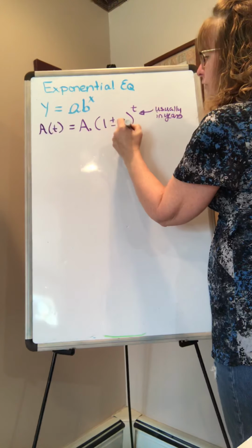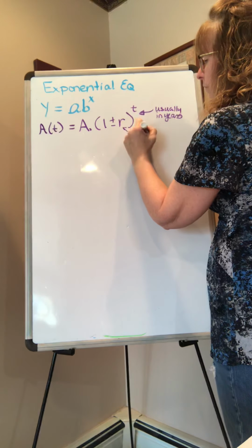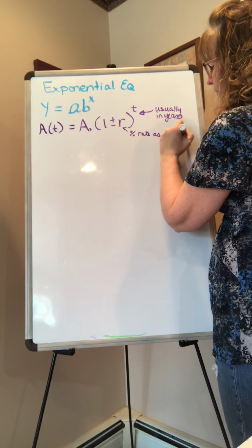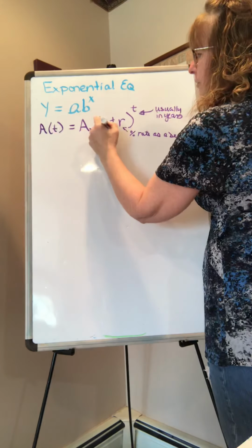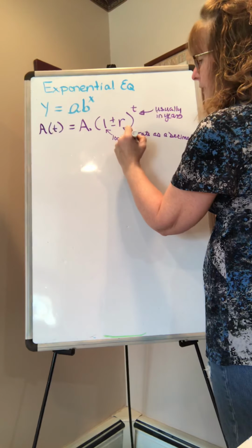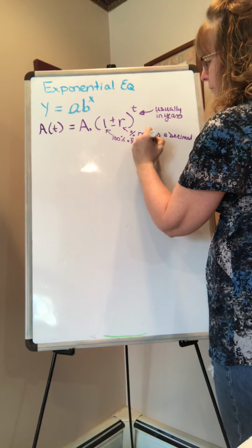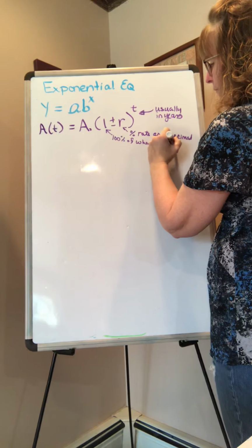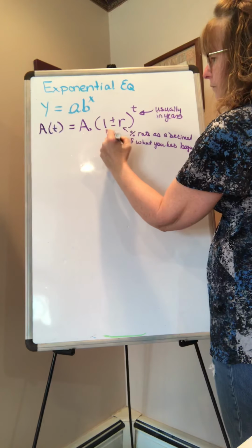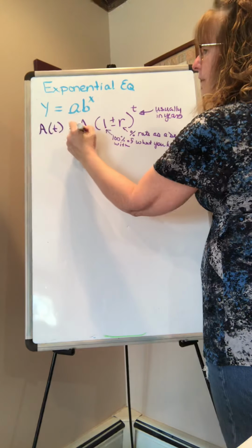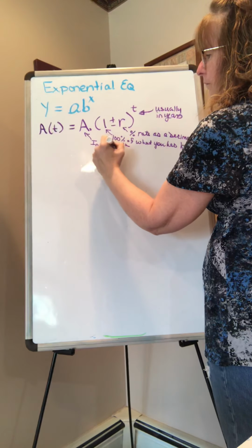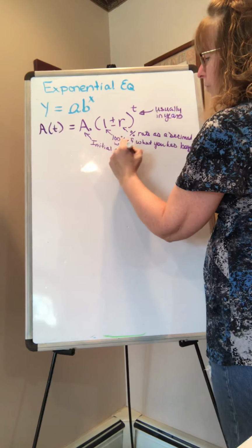This is the percentage rate as a decimal. This means 100% of what you had begun with. This is the initial amount, or the principal.